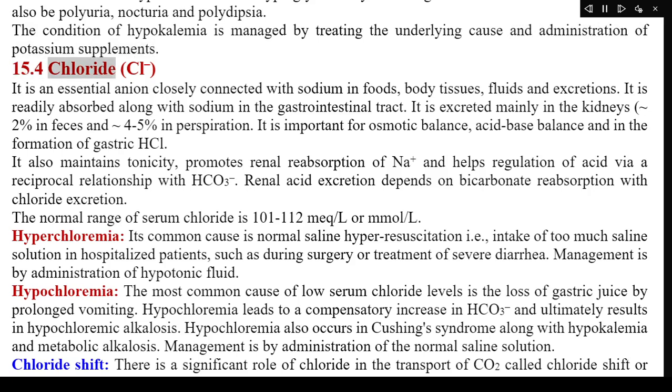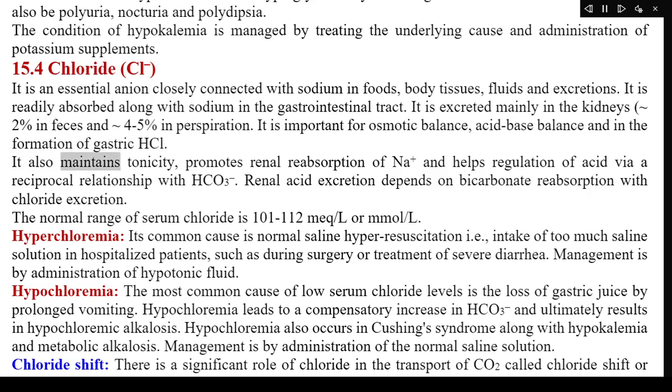15.4 Chloride, Cl−. It is an essential anion closely connected with sodium in foods, body tissues, fluids, and excretions. It is readily absorbed along with sodium in the gastrointestinal tract. It is excreted mainly in the kidneys, 2% in feces and 4 to 5% in perspiration. It is important for osmotic balance, acid-base balance, and in the formation of gastric HCl.